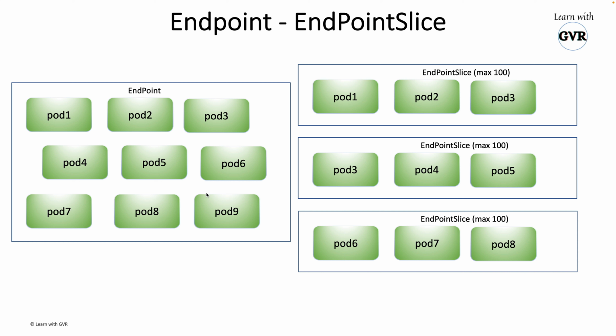Here, only one API resource maintains this many pods, while here they are divided into multiple chunks.